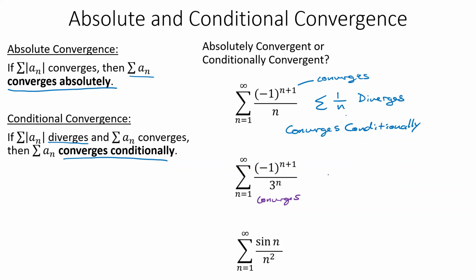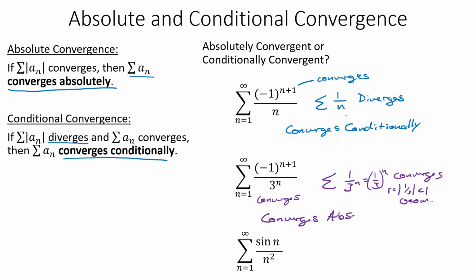But if we get rid of the -1 on top, and we look at this as 1 over 3 to the n, or 1/3 to the n, this also still converges. R is 1/3, which is less than 1. It's geometric, so it converges. So they both converge. So this guy, we say, converges absolutely.